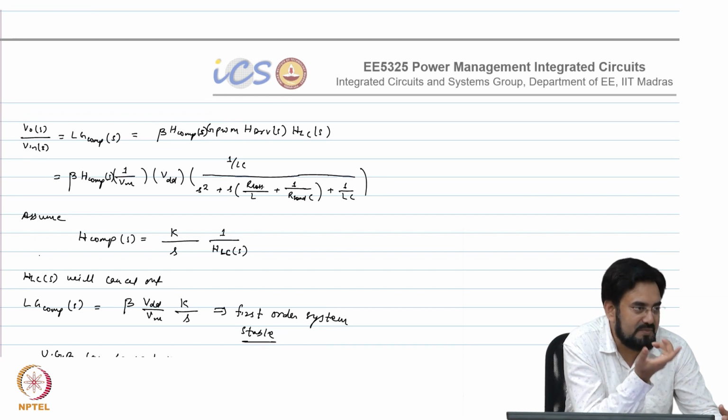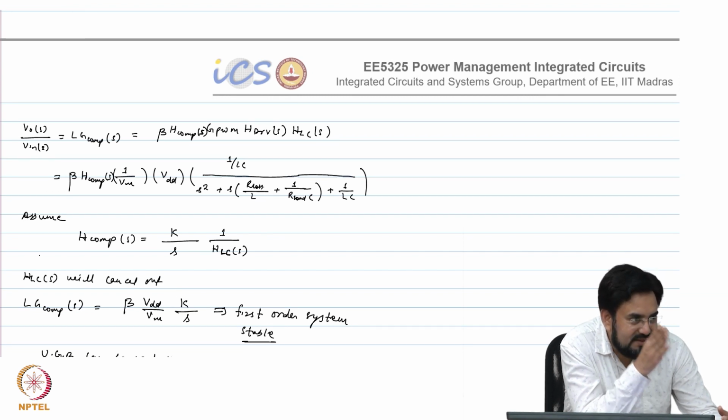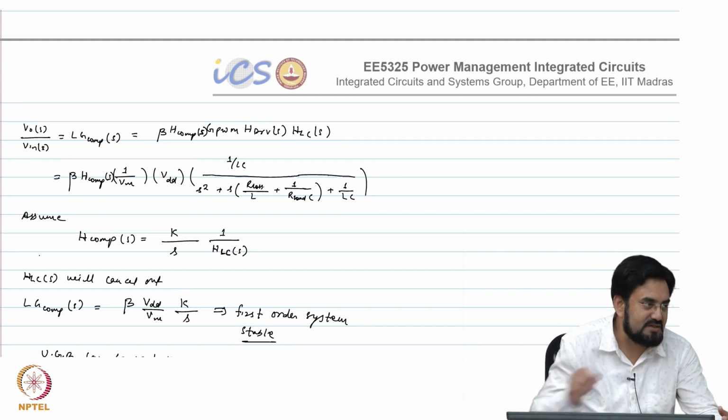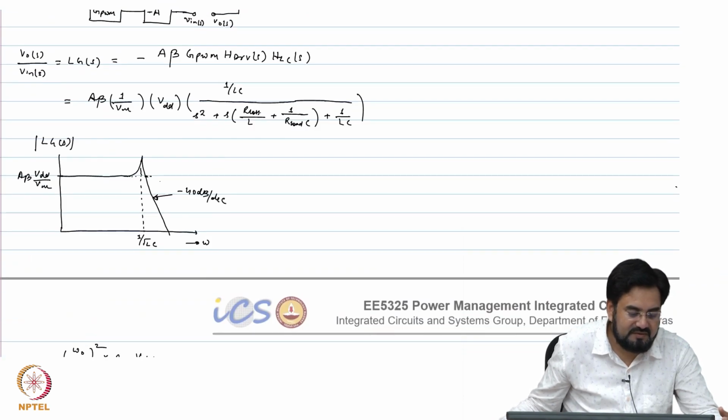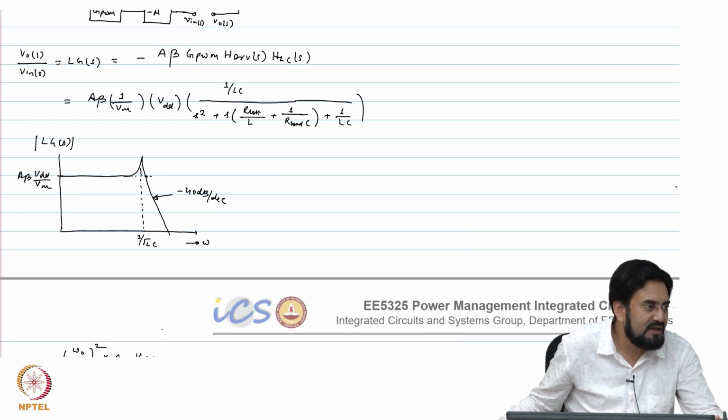So, we can realize complex zeros, but the problem is those you cannot exactly place at the same frequency, and it is a high Q system. So, if you are slightly off, the phase will drop quickly and it will make it unstable.